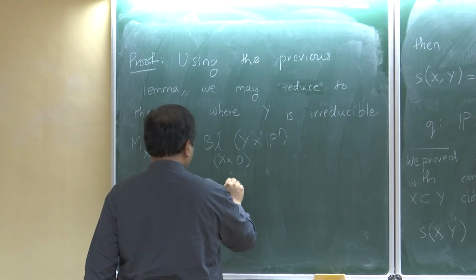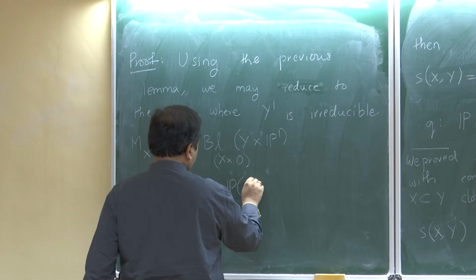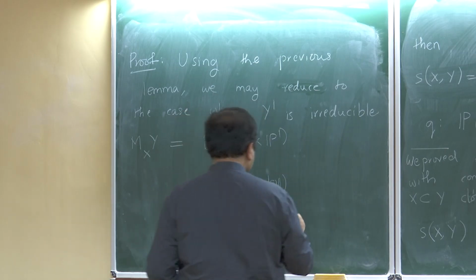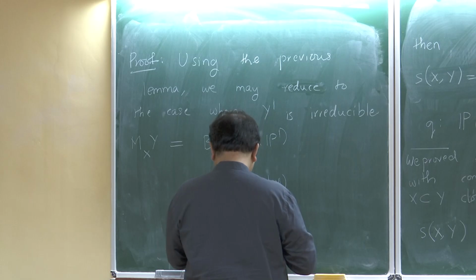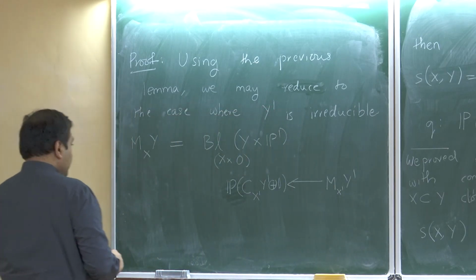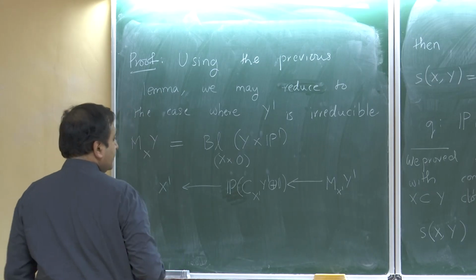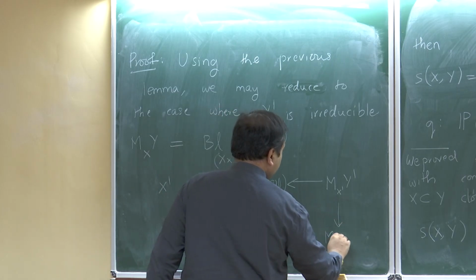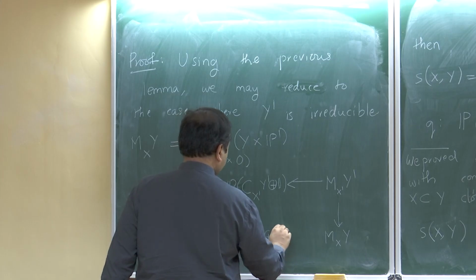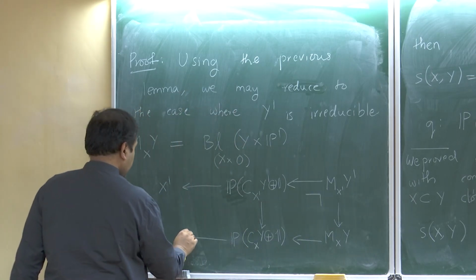So I have got m of p of c x prime y prime plus 1, and then there's a map of m x prime y prime going like this, and this is mapped onto x prime, and then this maps down here to m x y. Here you have p of c x y plus 1.